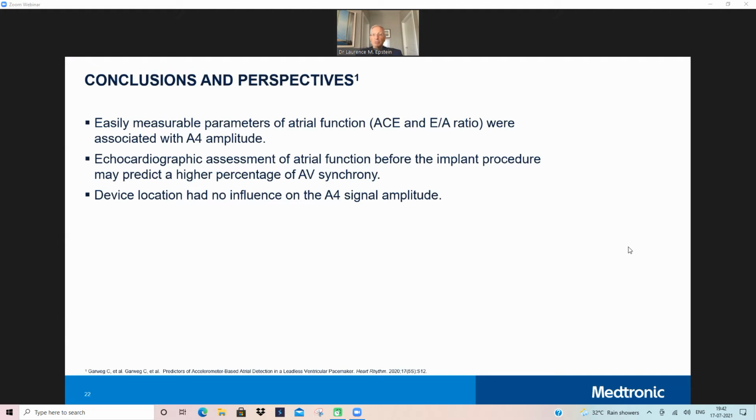One of the things people thought about was whether there is a place I could put the device in the ventricle that is going to make it better at sensing the atrium, and we really haven't found that. Not really part of this study, but for me and for many of us who have put this in, the biggest predictor is heart rate.